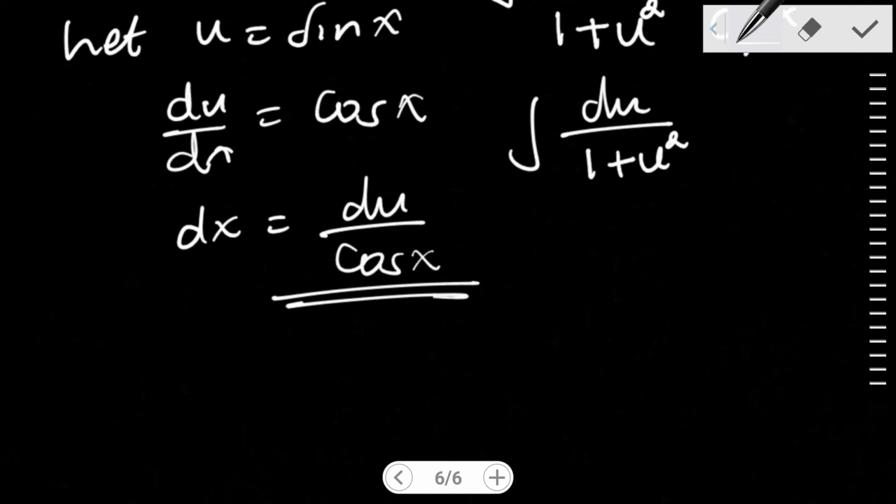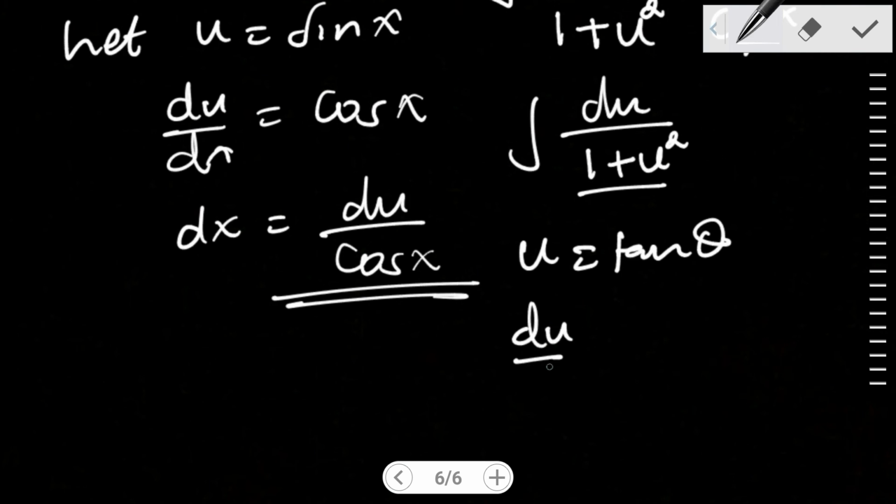And so from here, what we're going to be doing is a tan substitution. So if I have u equal to tan theta, and I say that du over d theta is equal to sec squared theta in this case.